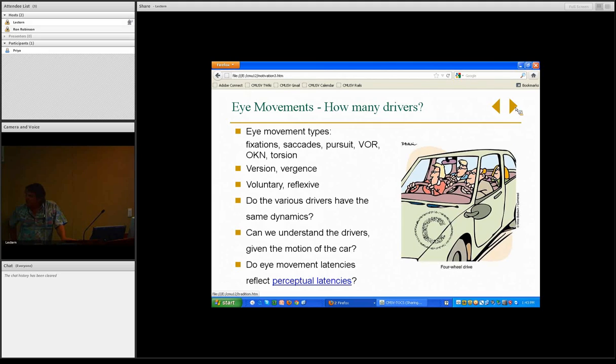VOR is the Vestibulo-Ocular Reflex. That can be easily illustrated if you hold your finger up in front of your face and move your head back and forth. You can pretty easily keep your eye trained on your finger. If you move your finger at the same speed, you can't.